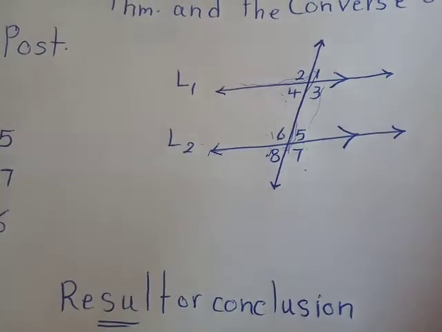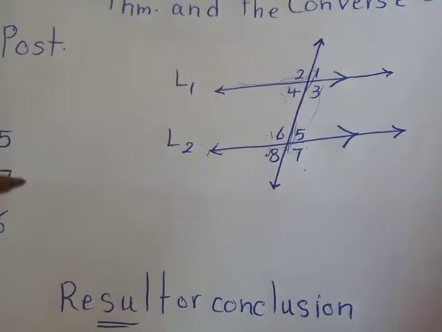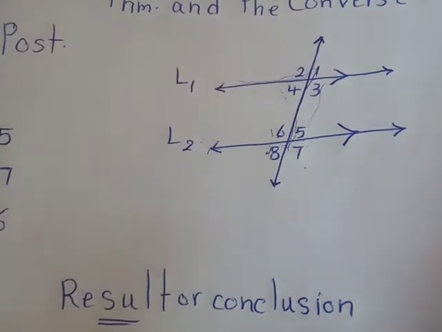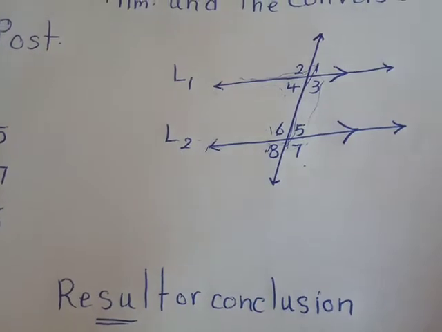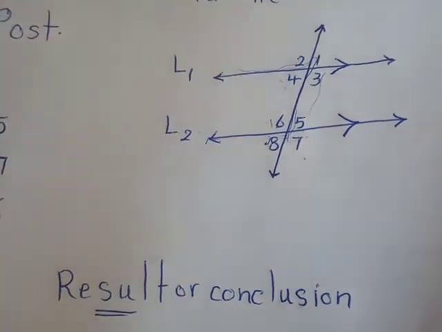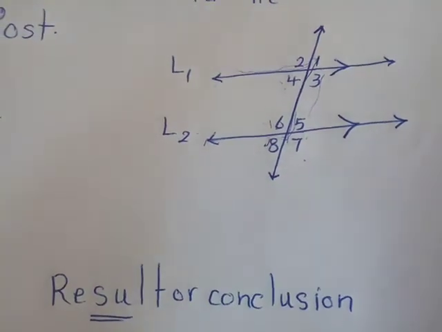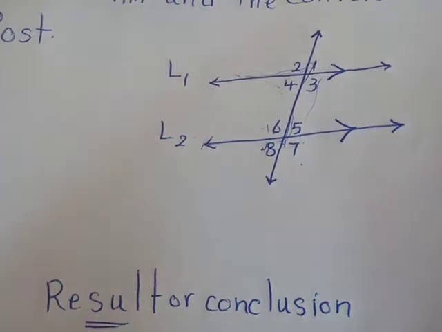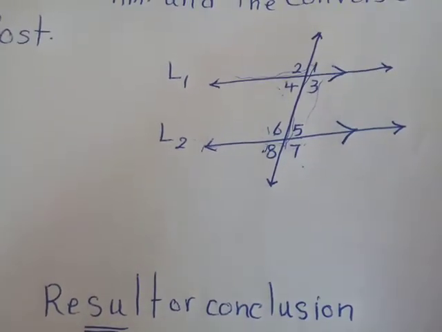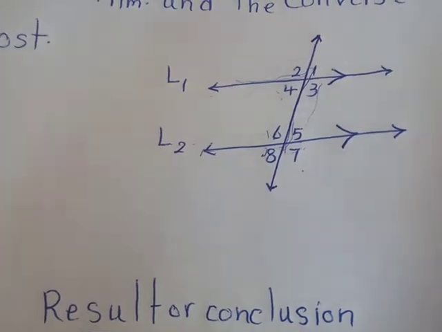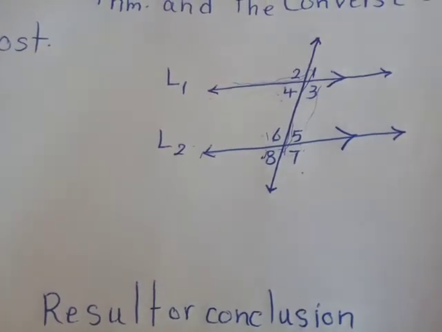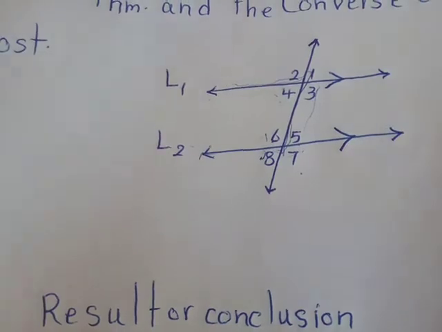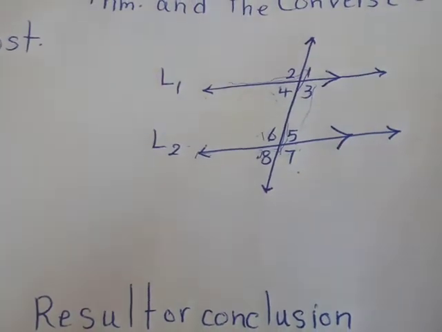It means the sum of them equals 180. Okay, so this is the result. If they are same side interior and we have parallel lines, what is the conclusion? They are supplementary angles, depending on the same side interior theorem.